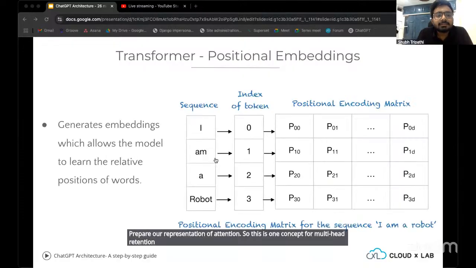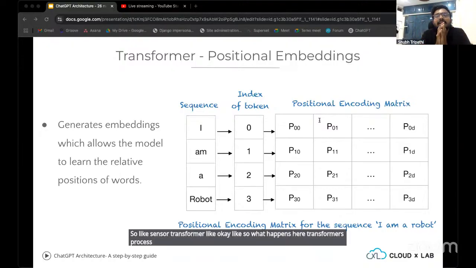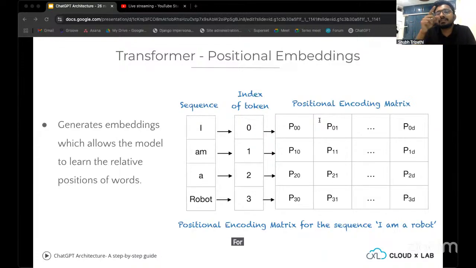The second concept is positional embeddings. Transformers process all words at once. They do not process words in a sequence. Suppose we have "I love transformer", it will not happen that we first pass the word "I", then we pass "love", then we pass "transformer".